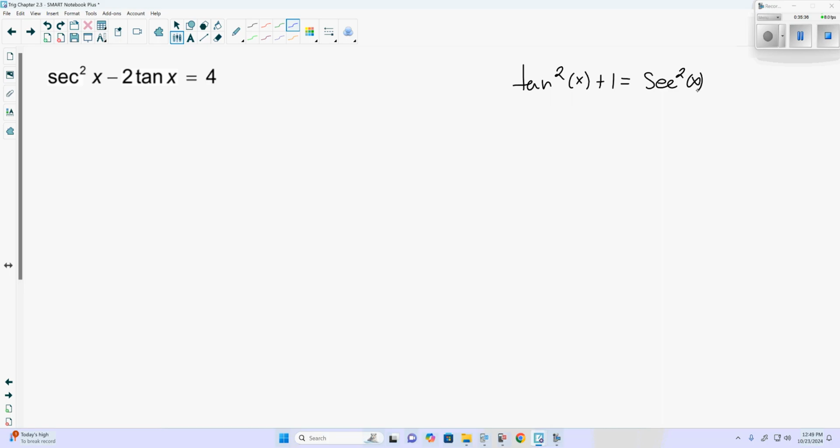Now this is kind of nice because we are able to replace secant in this here with tangent, which would give us an equation where our only trig function is tangent, which will make this a lot nicer, a lot easier to work with.